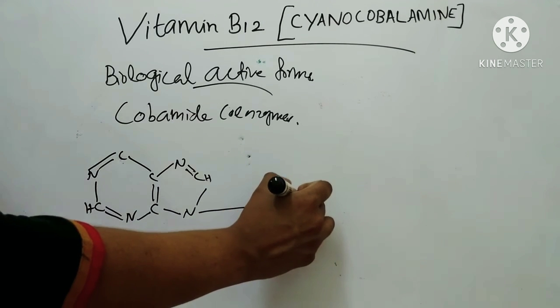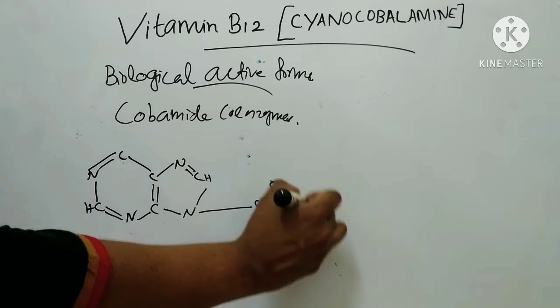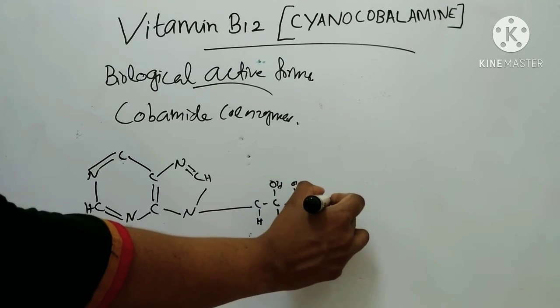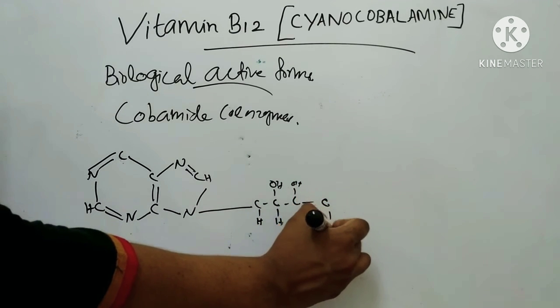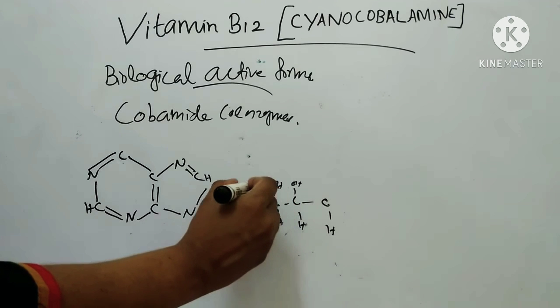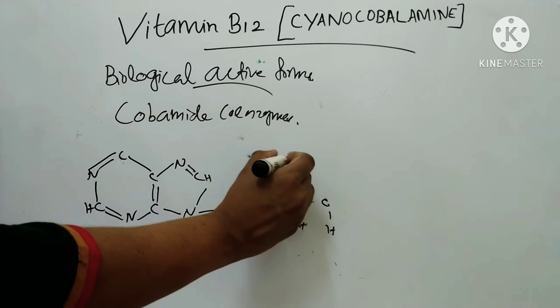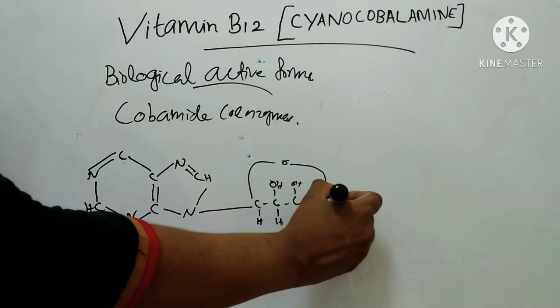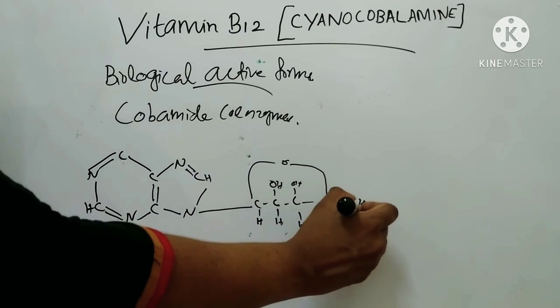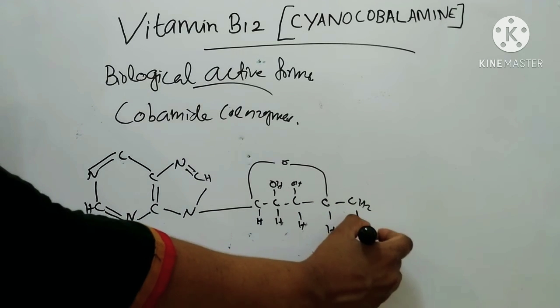CHOH, again CHOH, CH, then CH2, here cobalt.